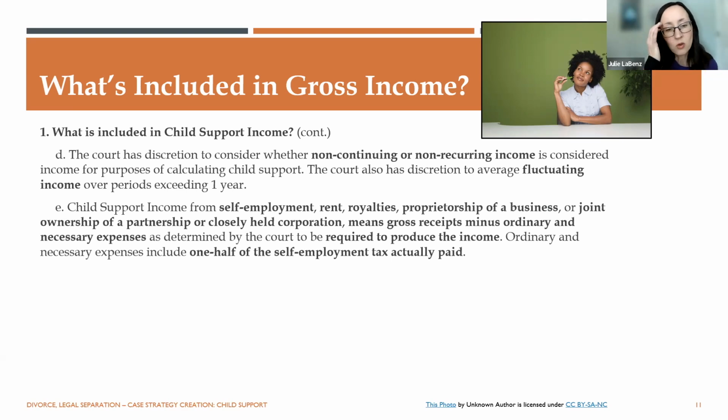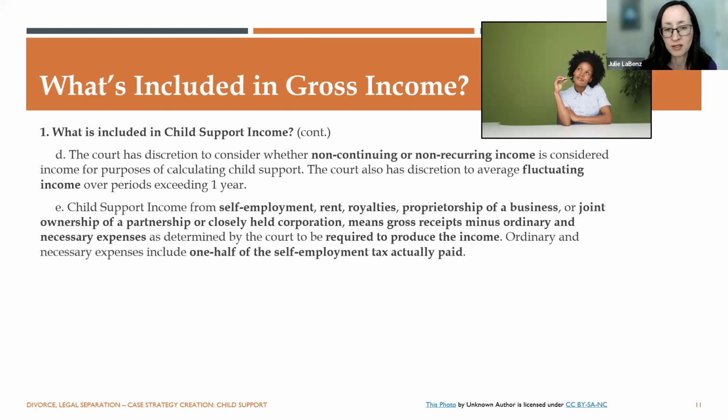So if you or your spouse have a business, have rental income, or receive royalties, then you're going to look at the gross receipts minus ordinary and necessary expenses minus 1/2 the self-employment tax actually paid.